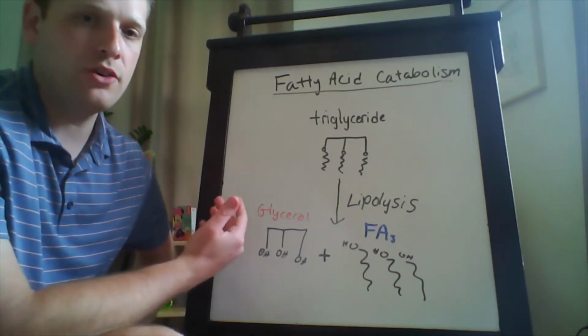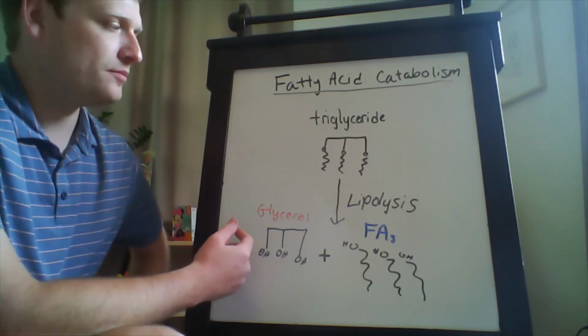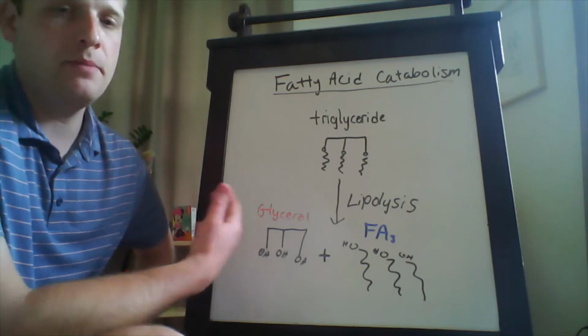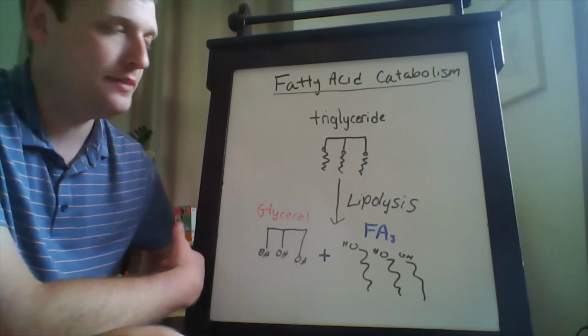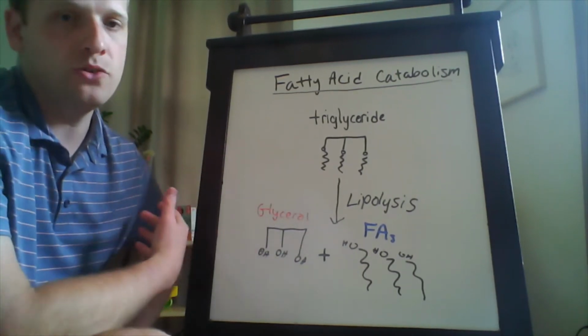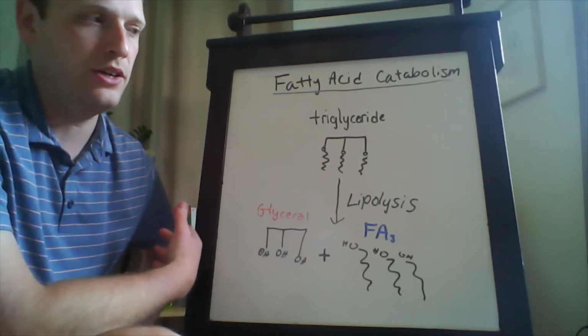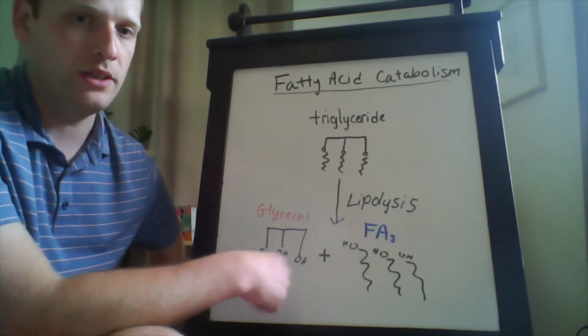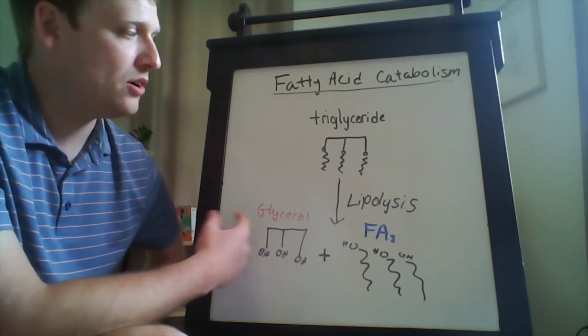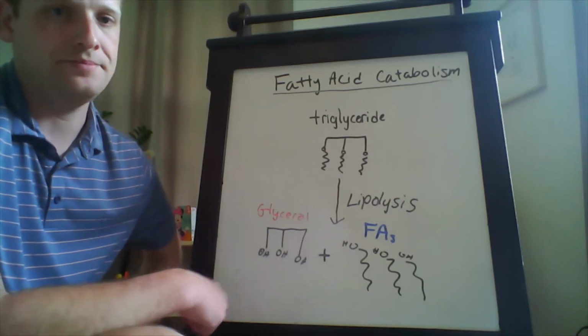So when you have a triglyceride, and the metabolic needs of the body are that there's an energy need, the triglyceride that's stored in your adipose tissue, or that you ingest in your diet, is going to be broken down into these components. That process is called lipolysis.